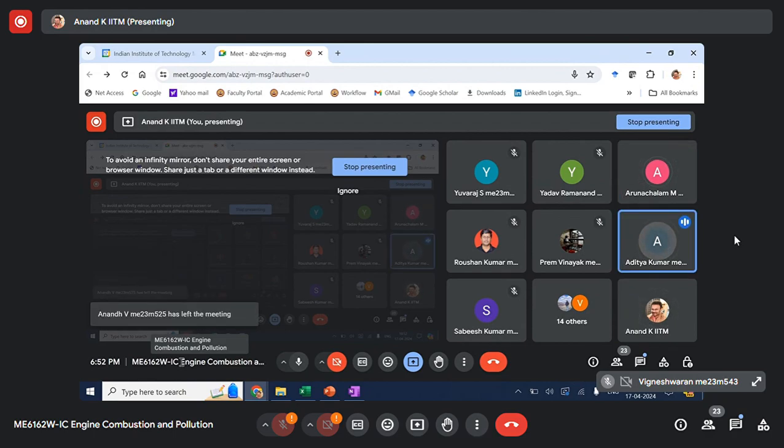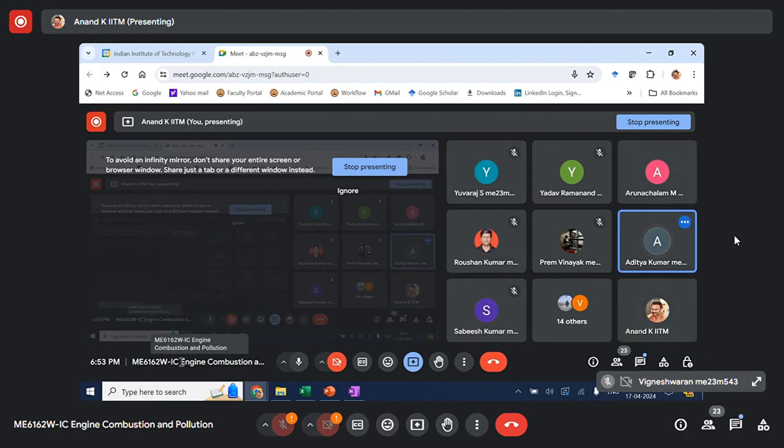Sir, generally, compression ratio, like if it is 1:15 compression ratio, so we should have 15 bar of air pressure in the chamber, right, sir? What do you mean by that 15 bar of air pressure?